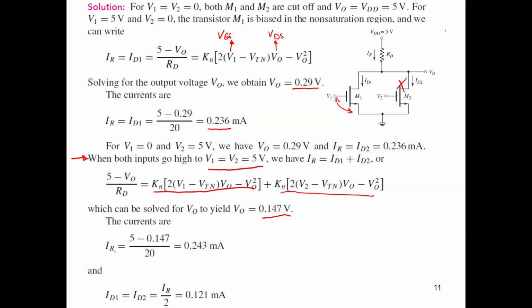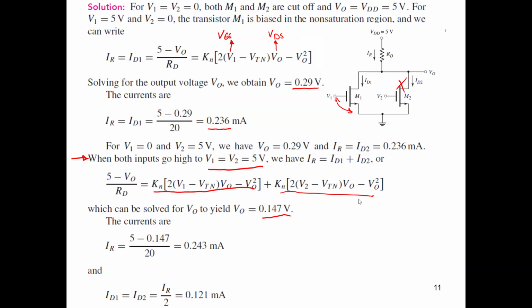And he calculated the current of IR. Again, we substitute in the relation here, guys, and got the value of V drain to source, which is now 0.147.